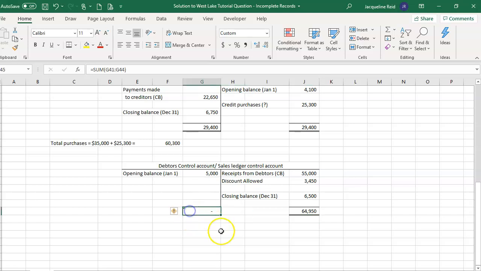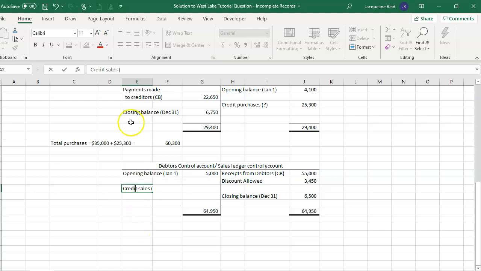So when we look on the credit side of this control account, we have a total of 64,950, which means that the debit side of the control account must carry the same balance. It therefore means that the credit sales figure, which is our missing figure, is that dollar value that will make the debit side of this control account total 64,950.